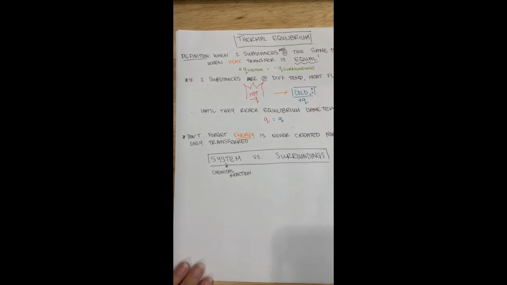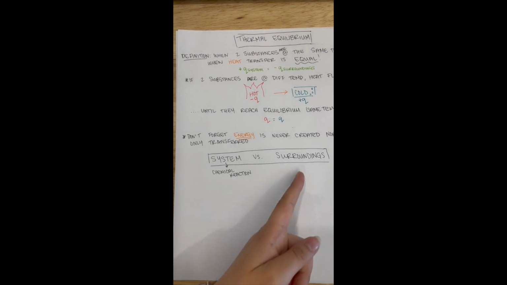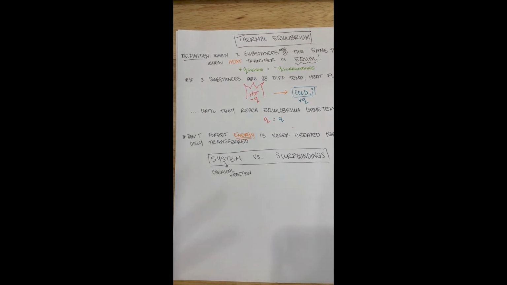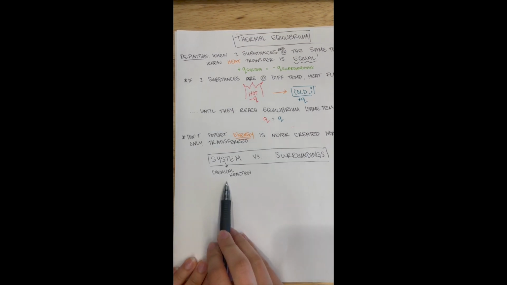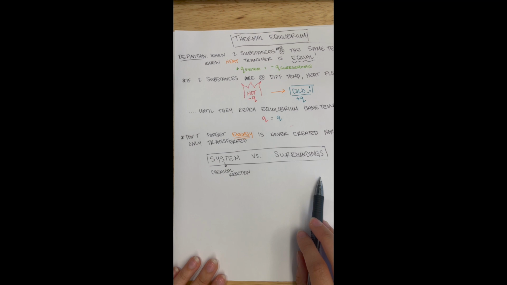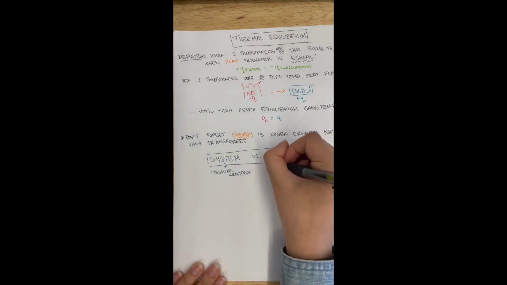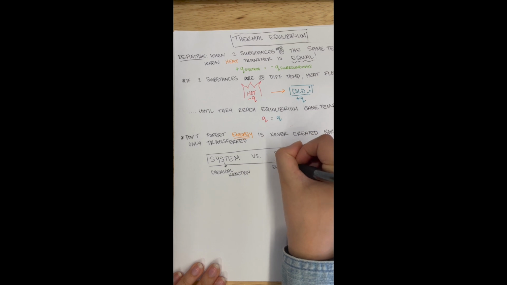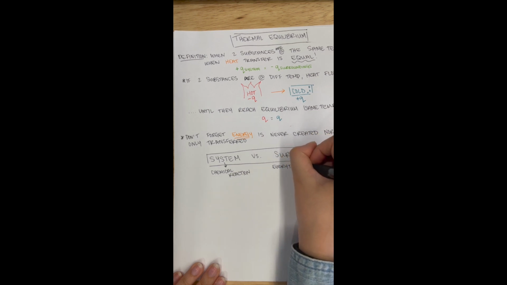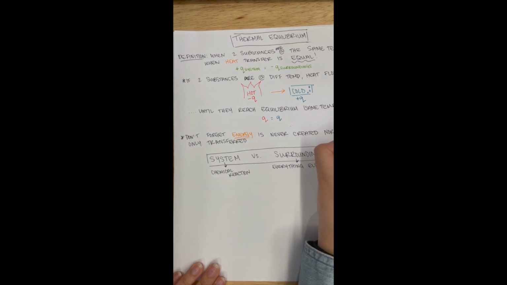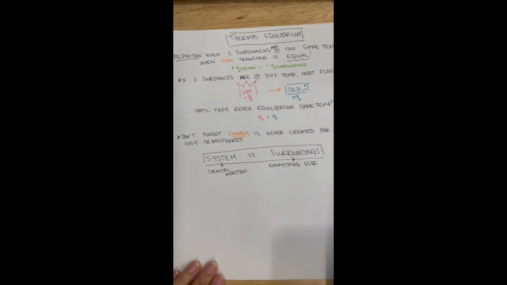Now, if you're like, well, Miss Craig, what if I want the chemical reaction to be the surroundings? That would be fine, but it's easiest to think about our chemical reaction to be the system because the surroundings then have to be everything else. And when we say everything else, we really mean everything else.